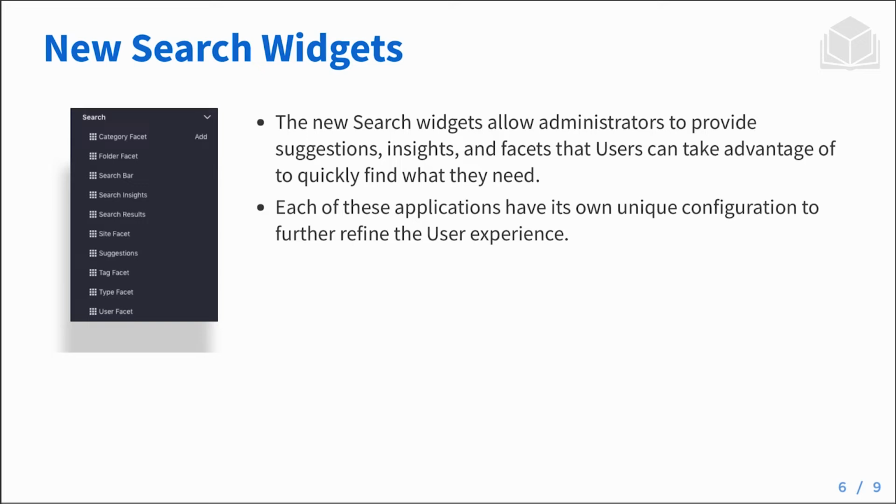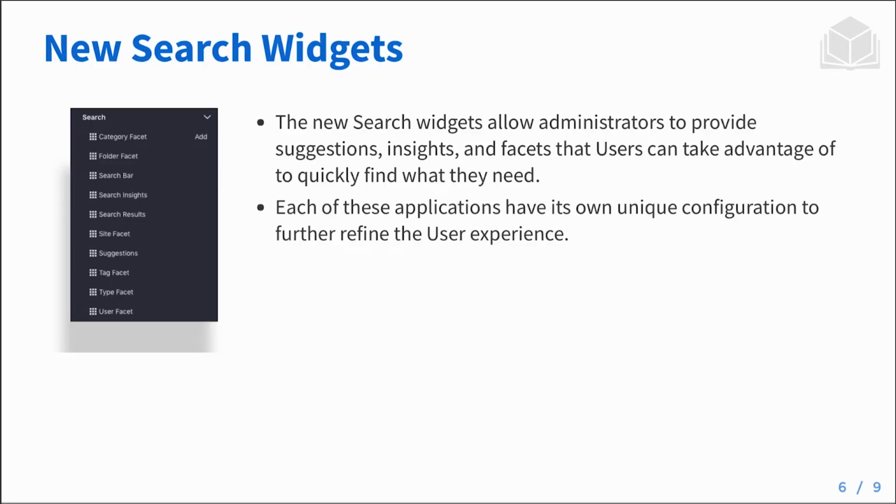Essentially, we have widgets that break down some of the old facets that we had built into the application itself in the past. So now we have things like the category facet, the folder facet, the site facet, the tag facet, etc. Along with some of the other things like search insights, and the search results widget obviously needs to be there if we want to display the results as well.